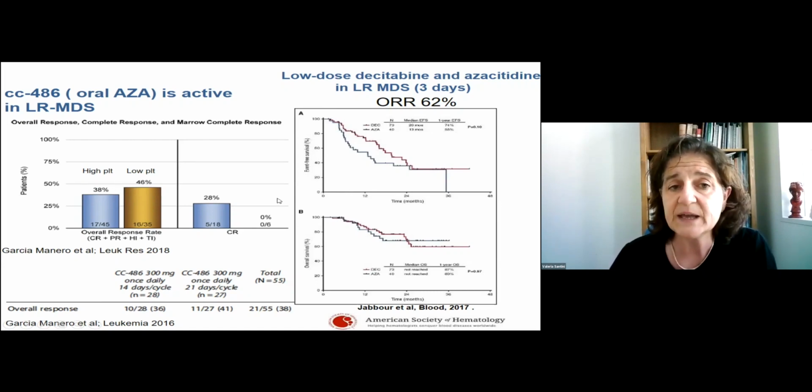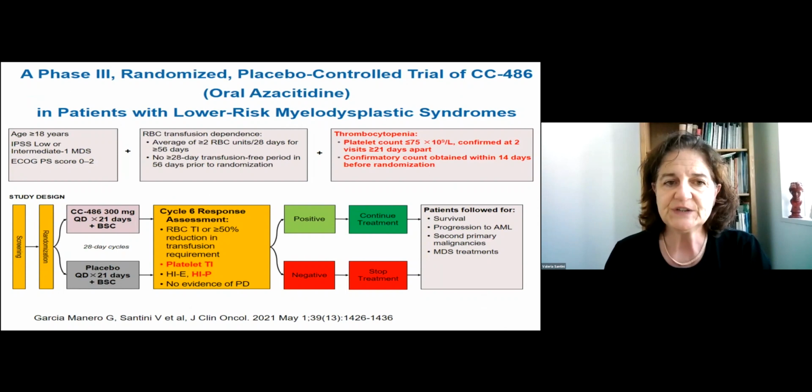So HMAs can be used in lower risk MDS with some success. The patient I presented was enrolled in this phase 3 randomized study comparing CC486 to placebo. The patient was receiving 300 milligrams a day for 21 days, plus, of course, best supportive care.